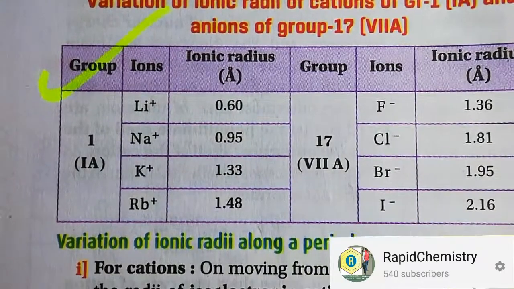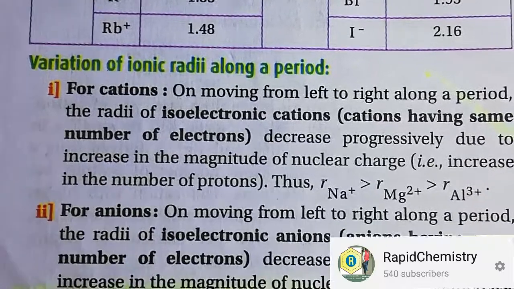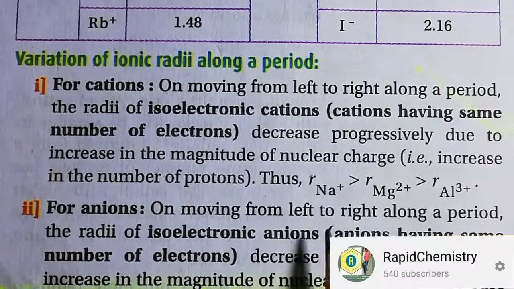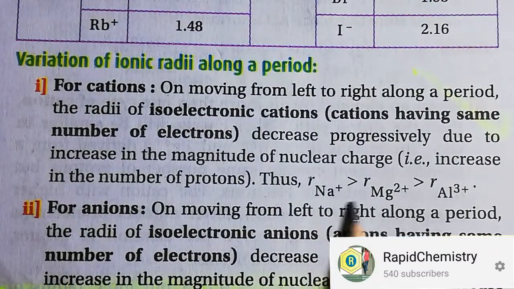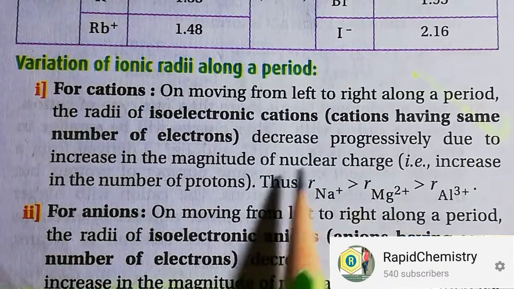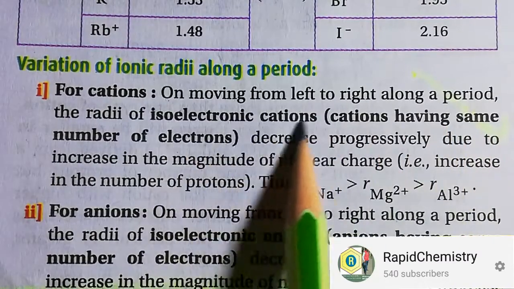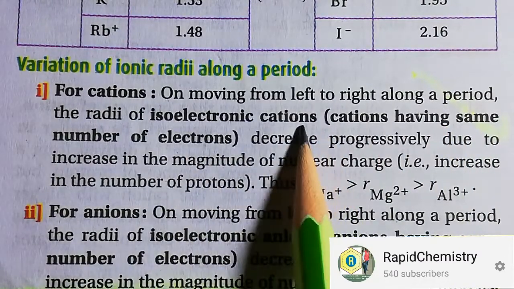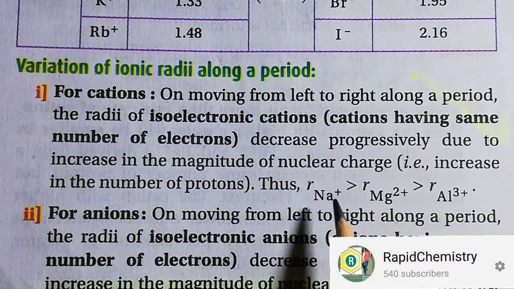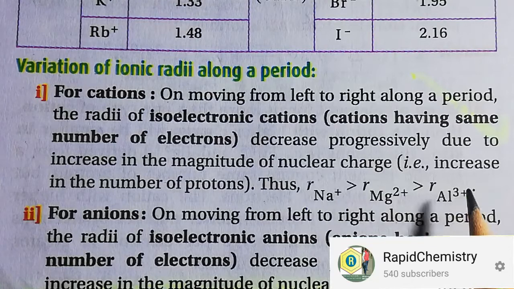Now next we will study the variation of ionic radii along a period, the same as we did for the atomic radius. Look here. On moving from left to right along a period, consider the radii of isoelectronic cations. Isoelectronic cations means the same number of electrons are there: Na+, Mg2+, Al3+.